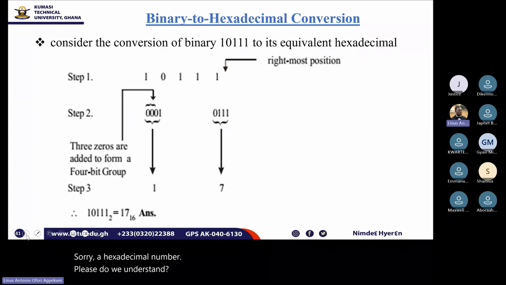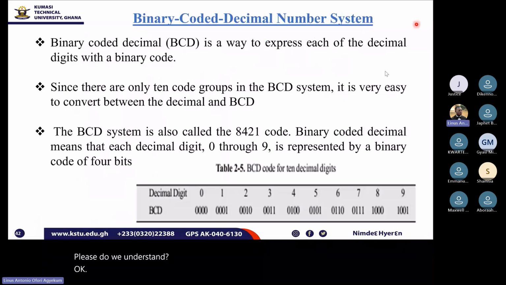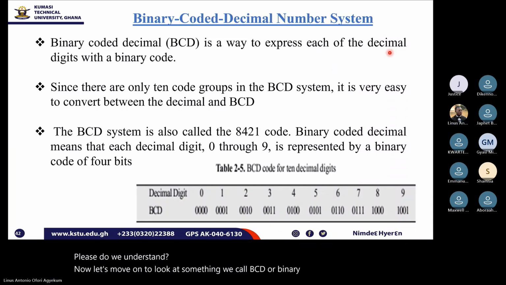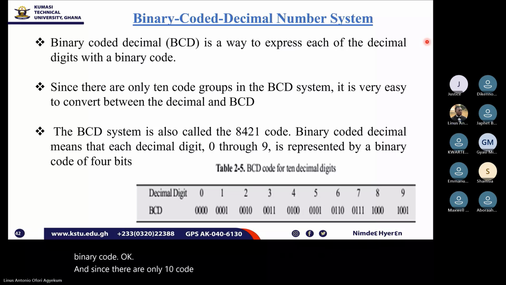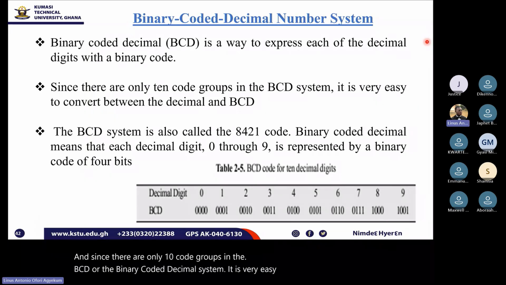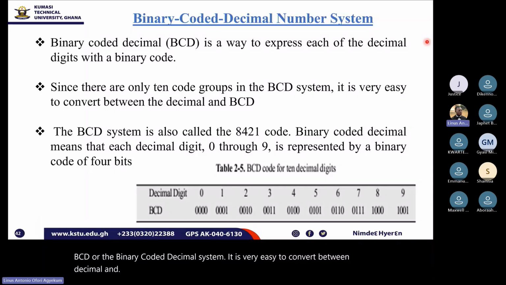Okay. Now, let's move on to look at something we call BCD, or binary coded decimal. Binary coded decimal is a way of expressing each decimal digit with a binary code. Since there are only 10 code groups in the BCD system, it is very easy to convert between decimal and binary coded decimals.